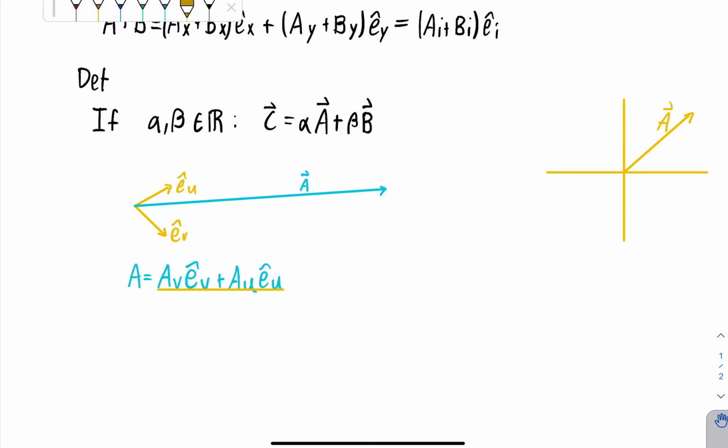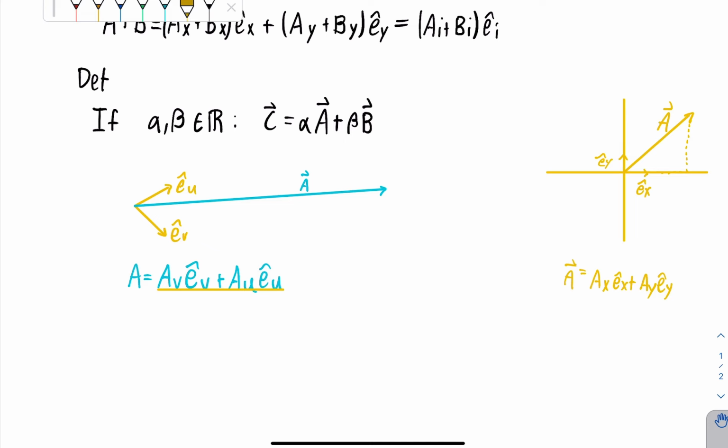We have a unit vector here, a basis vector e sub x, and a basis vector here, e sub y. We can write A as some amount of e sub x plus some amount of e sub y. And then we can write A equals a sub x e sub x plus a sub y e sub y. That's how we work with components a lot.